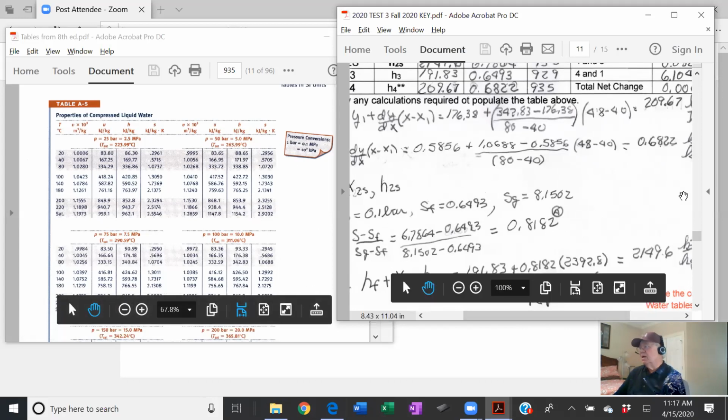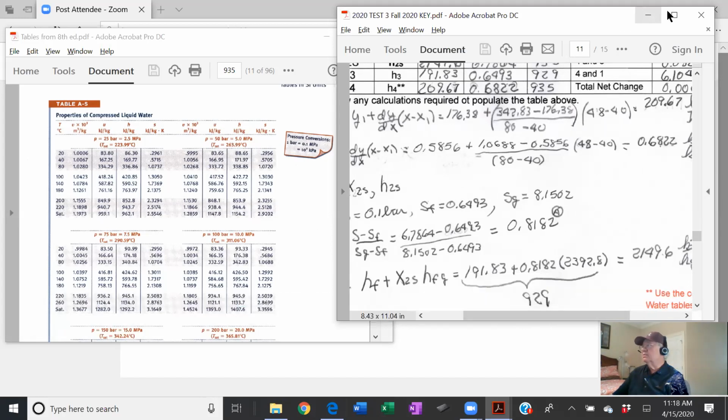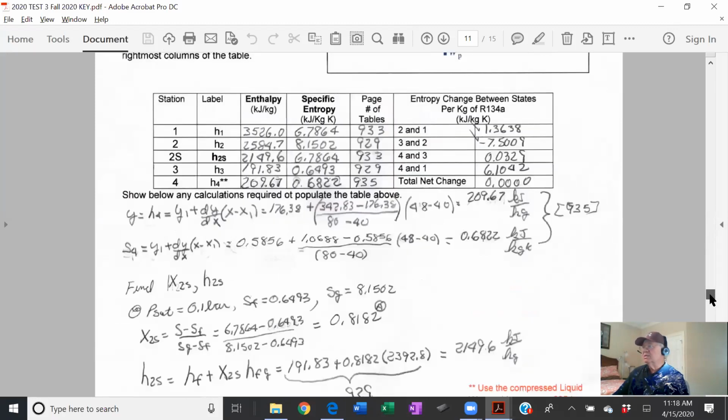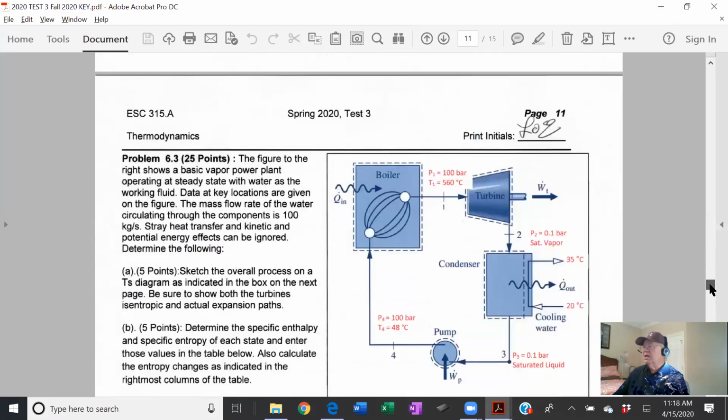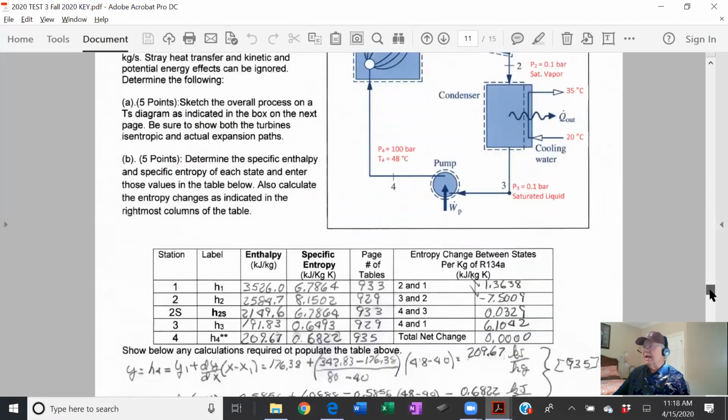The table is not fine enough, doesn't have enough values to be useful. But I wanted you to get some practice with it. So that's how you find H2S in this case. You weren't given an isentropic efficiency.